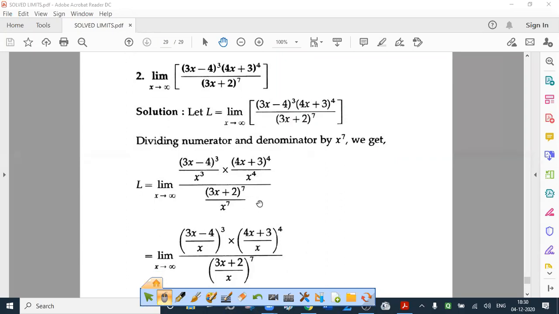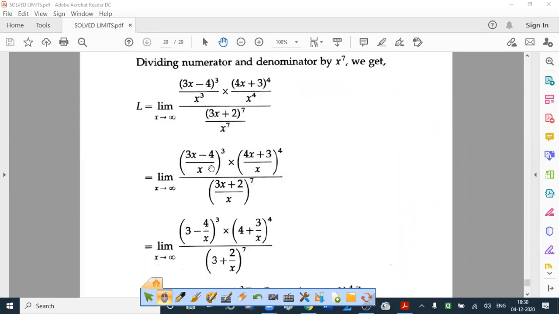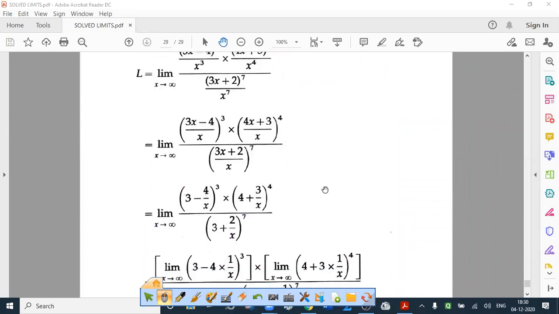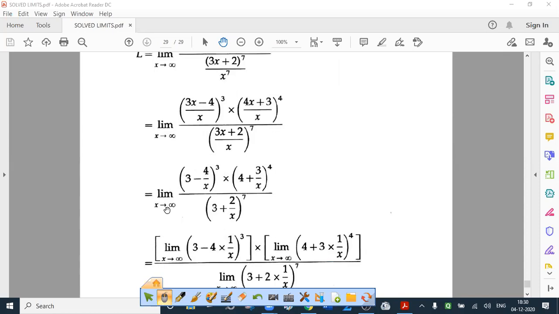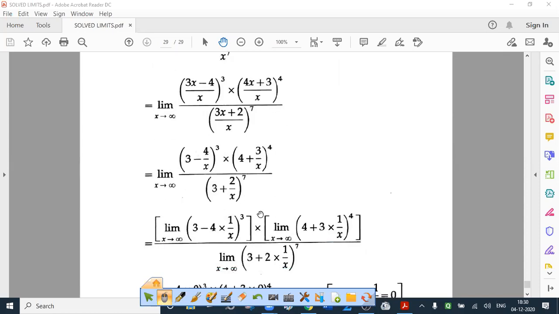As simple as that. Now, (3x minus 4) cube upon x cube: a cube upon b cube is (a upon b) cube. So (3x minus 4) upon x cube, (4x plus 3) upon x raised to 4, (3x plus 2) upon x raised to 7. Now take the limit as x tends to infinity, 1 upon x tends to 0.